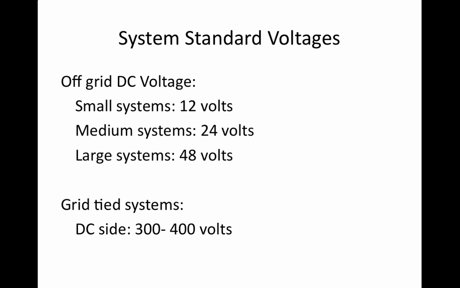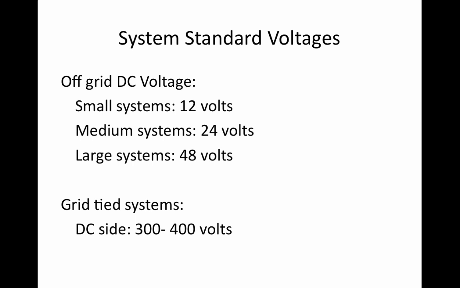So when I talk about standards and discrete voltages that things come in, you have to match whatever you're going to design the system for. For an off-grid DC system, for example, the standards are 12 volts, 24 volts, and 48 volts. Now an off-grid system could have a DC side, and if it has an inverter, it would also have an AC side.